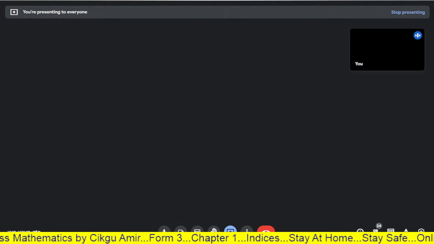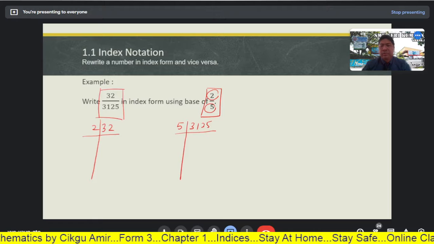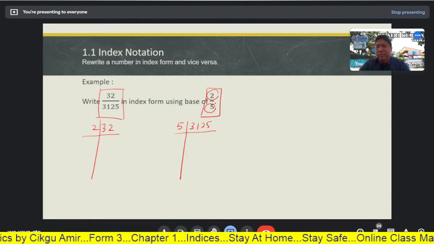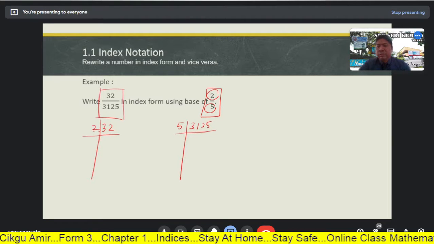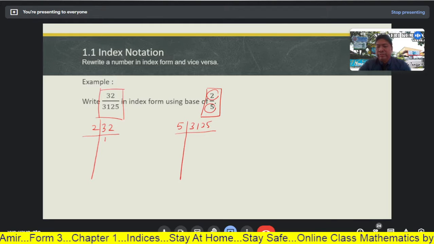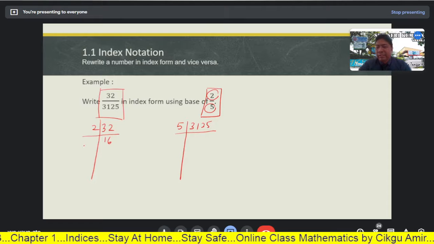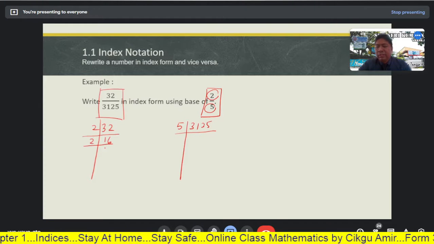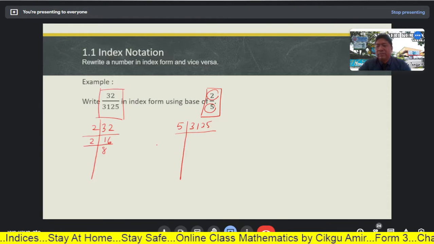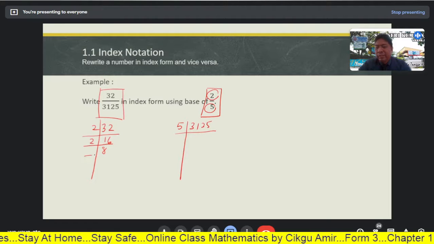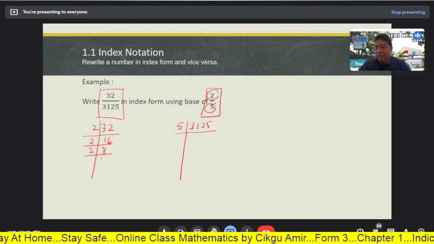32 divided by 2 is 16. Not 1 yet. Divide by 2 again, you get 8. Divide again by 2, you get 4.